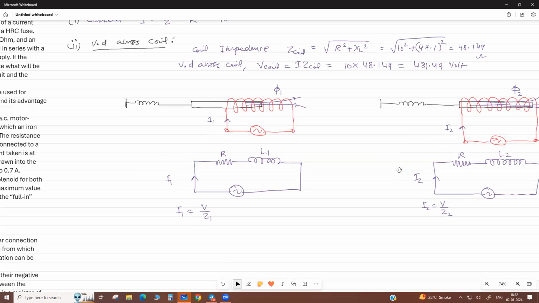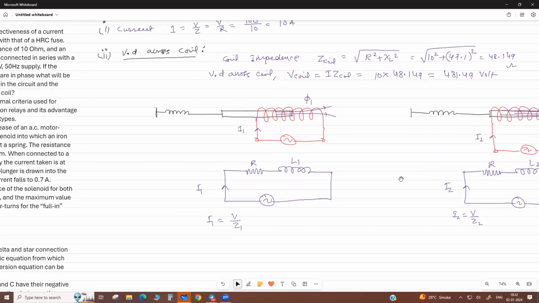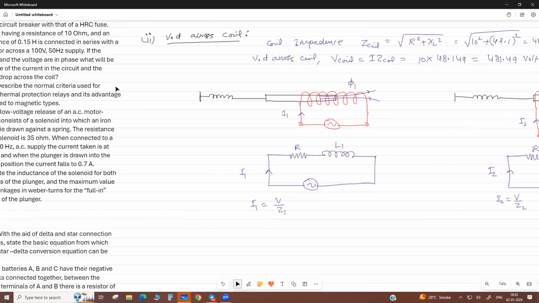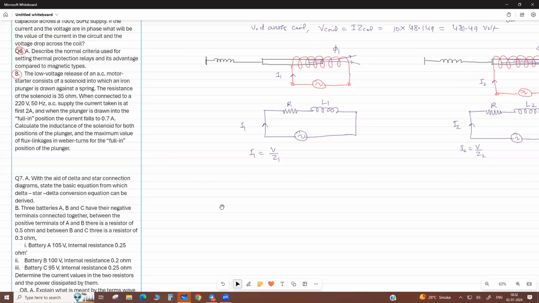Now let us see what values are given. The resistance of the solenoid, this coil resistance, is 35 ohm. It is fixed, 35 ohm.